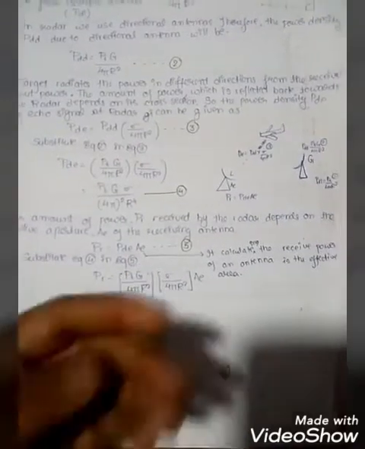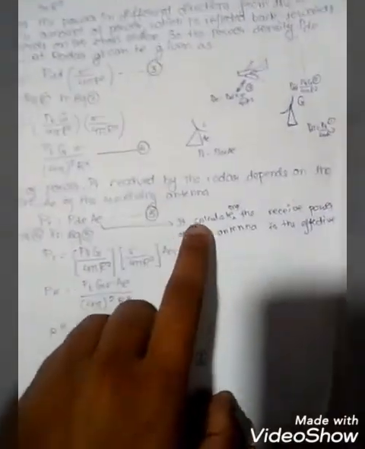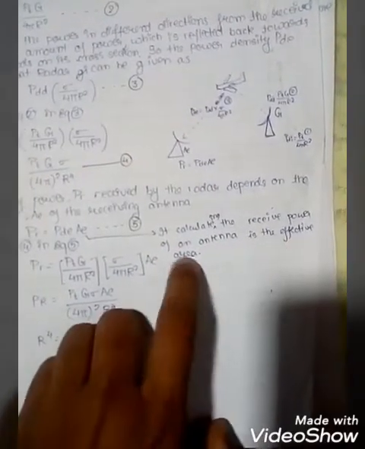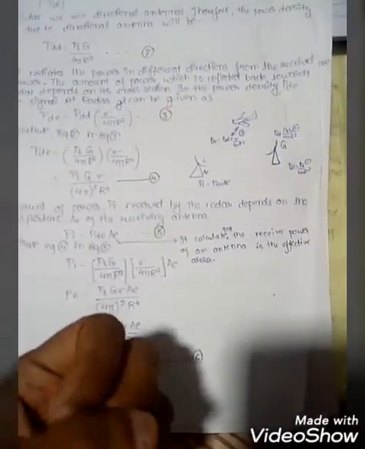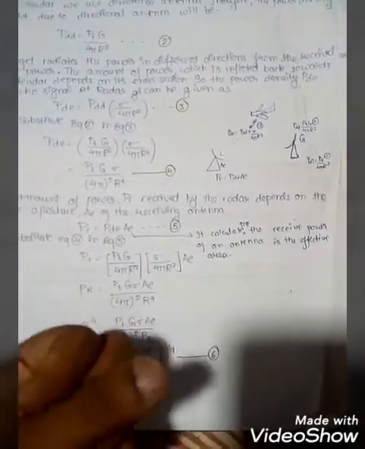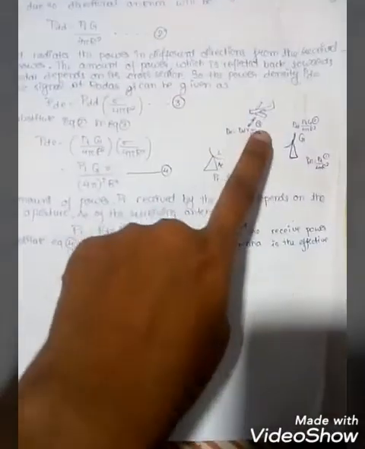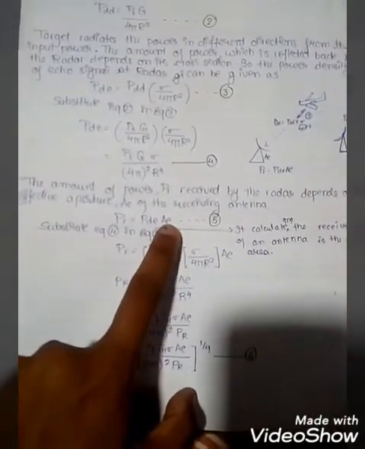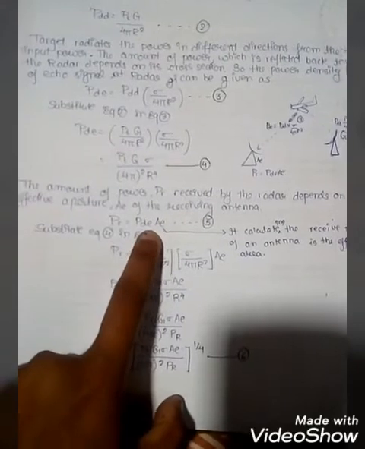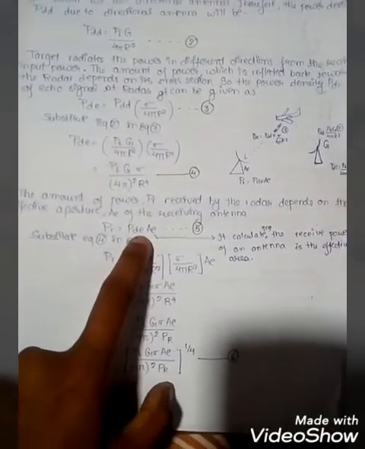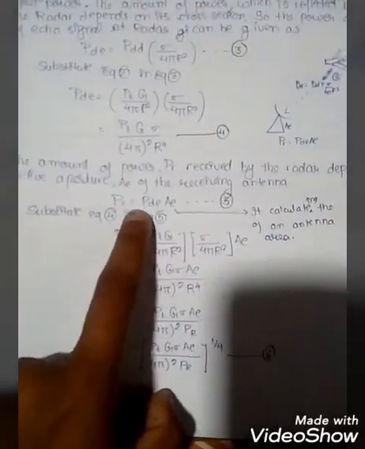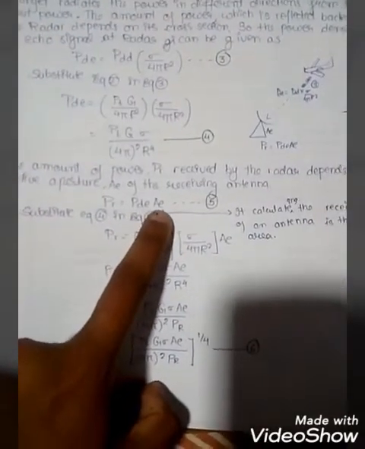What effective aperture does is calculate the receiving power of an antenna, that is, how much power the receiving antenna can capture from the target. So we are going to multiply AE with the PD, the power coming from the target area. So PR is equal to PDE into AE.